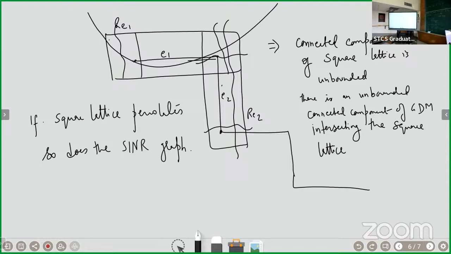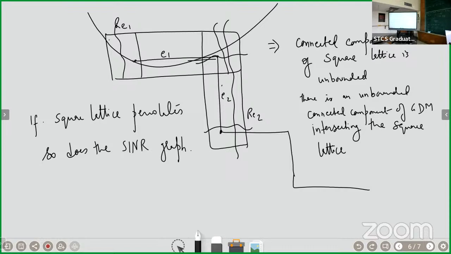So if the square lattice is percolating in a particular way, what all this means is, because of my definition, that the Gilbert disk model also has a connected component which is going along the same way. And in the previous board, I have shown that any two nodes which are connected in the Gilbert disk model under event BE are also connected in the SINR graph.